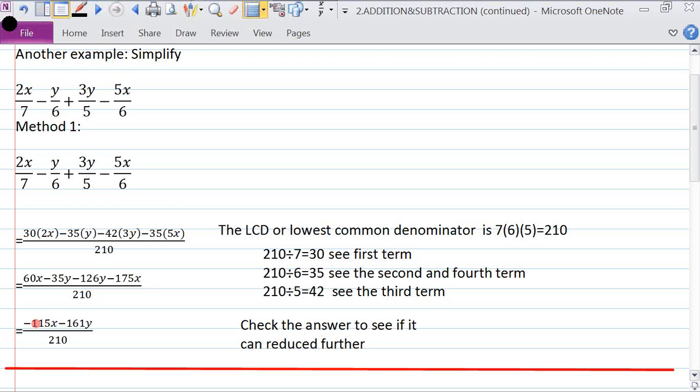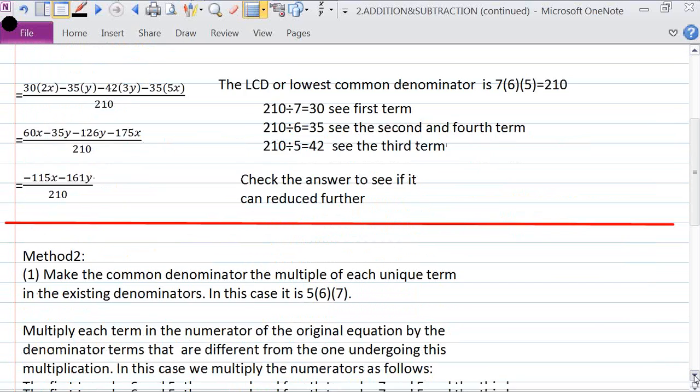There's no common term for this and this, and so no common number that will go into both of these. So now you say, how am I supposed to know that 210 is the lowest common denominator? Well, that's a matter of trial and error and experience.